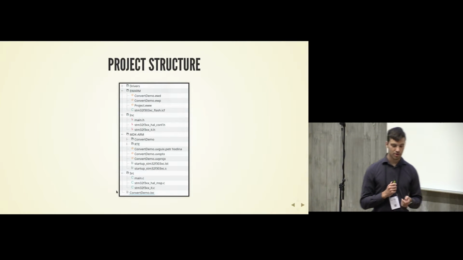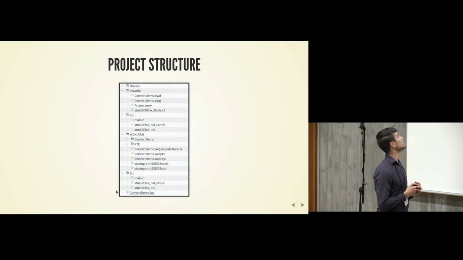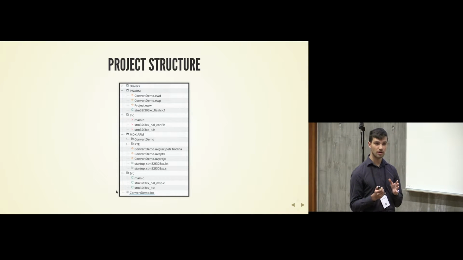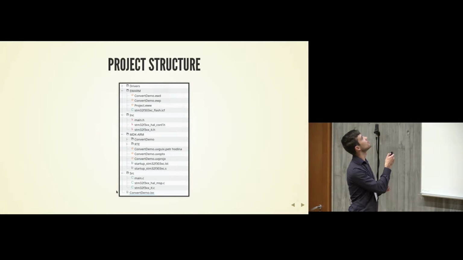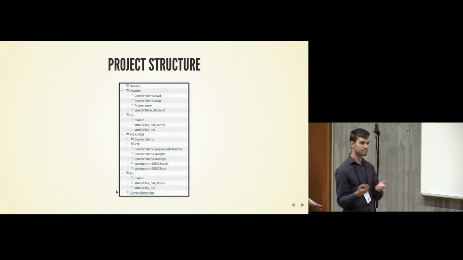So here you can see a structure of a simple program that I will later show you in a demo. You can see that you have some directories. The directory drivers has drivers for the peripherals.